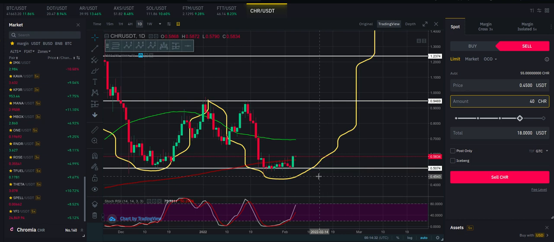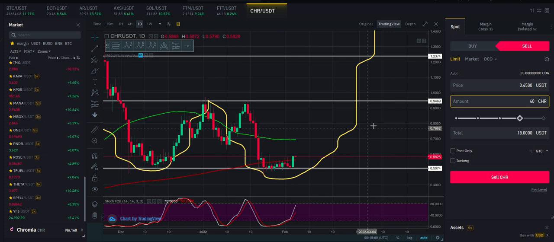It will automatically set a stop loss at 0.450 for you. So if this trade reverses and comes down to 0.450, it will kick you out of the market. I don't want to set mine now, but if I click sell CHR, that limit will be set here at 0.450. Okay, so that is the first way you can set your stop loss. Sorry, not take profit, your stop loss.